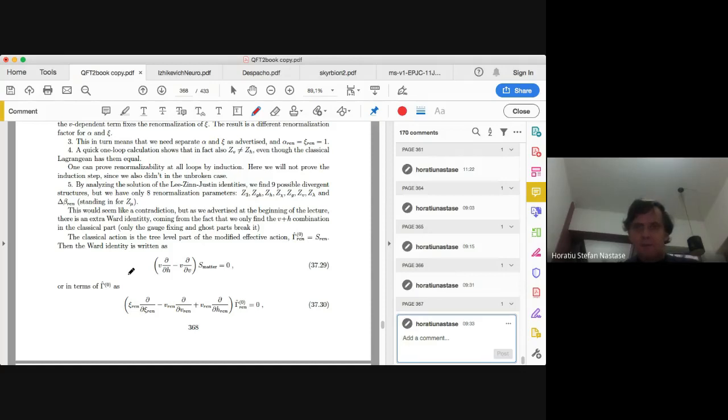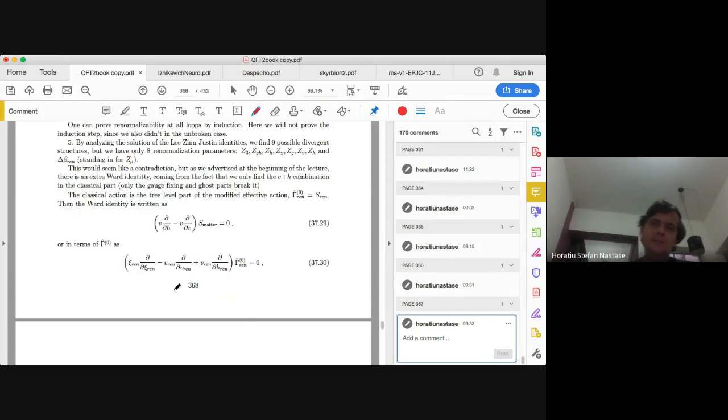But then in terms of gamma 0 renormalized, besides S matter, I also have the gauge fixing term.